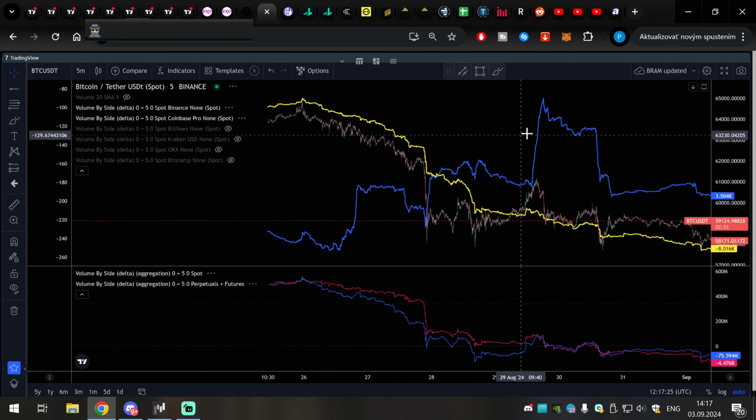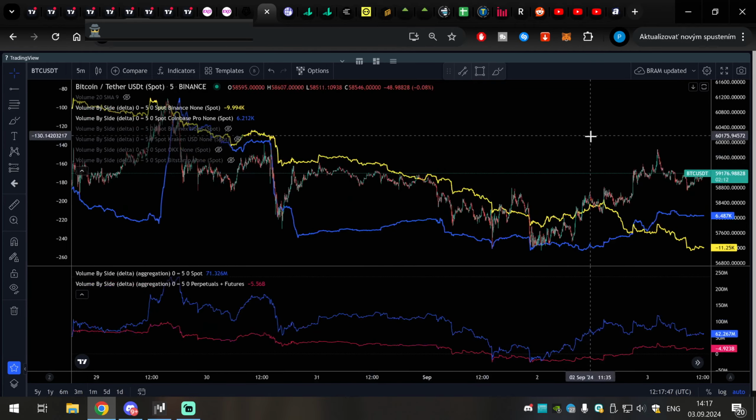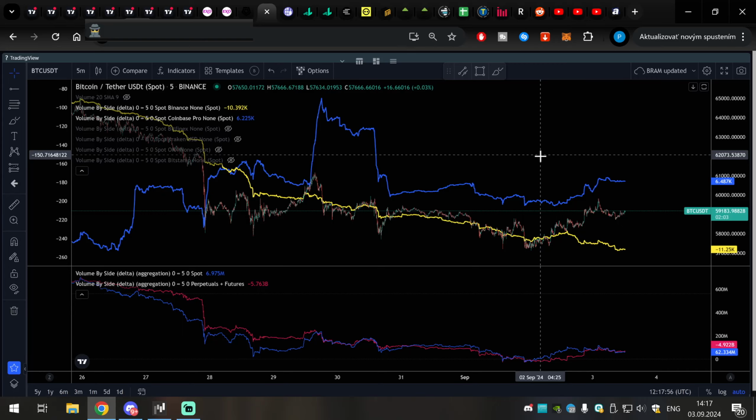So a $600 move, and then we topped out because Binance was continuously dumping on them. Even in this move they sold like 1,000 Bitcoin. So don't think about these lines, but always watch the real values shown here.